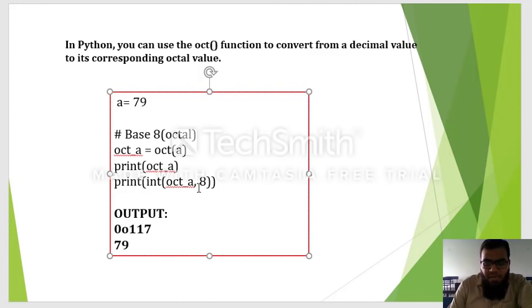So 117 comma 8. When I give these two parameters to the int function, it will convert the octal number into a decimal number. So you will get the result again as 79. Okay, hope you understood this.